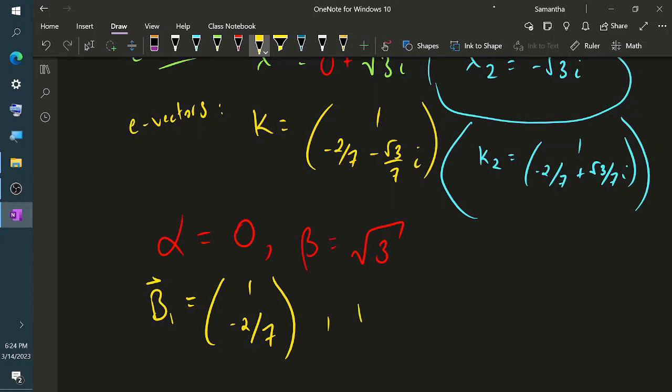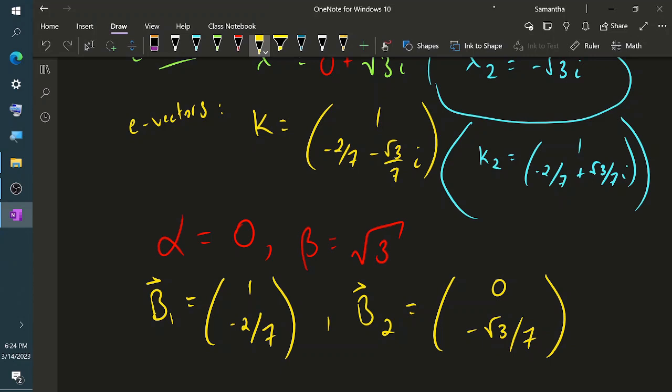And B2 is what I get when I go into my eigenvector and I extract all the parts which are attached to i. So there are no i's in the top entry, but in the bottom entry, the number negative root 3 over 7 is attached to i.